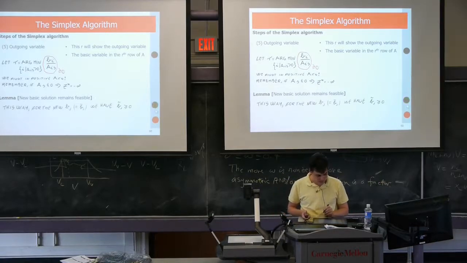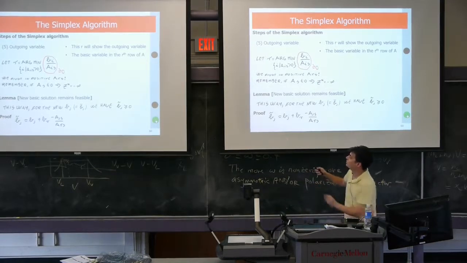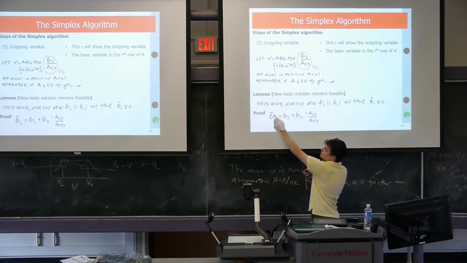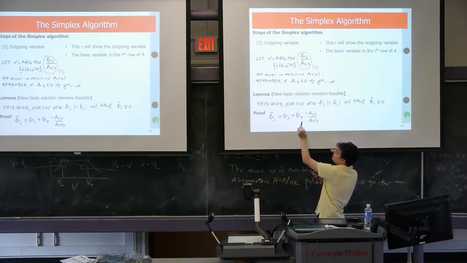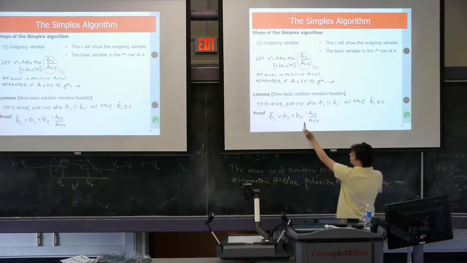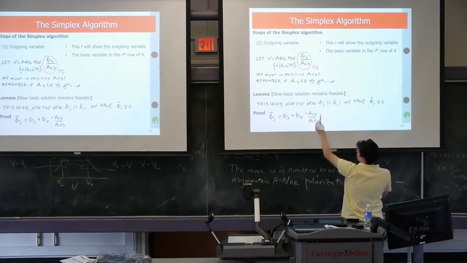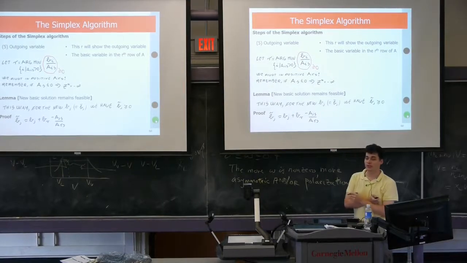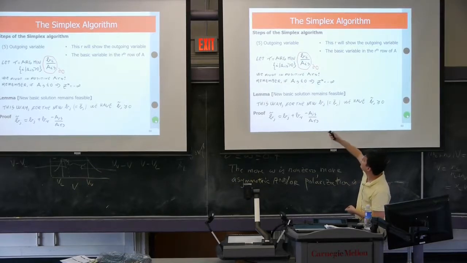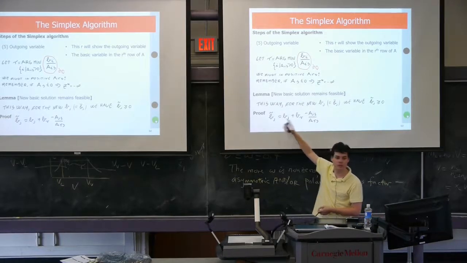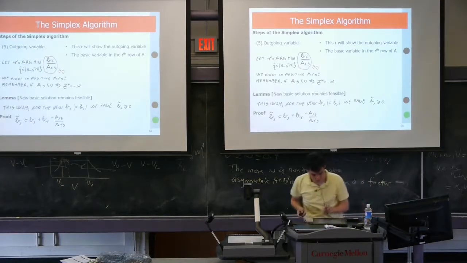Right, so it's very easy to see. After the pivot, the j-th value of B will be the old value of B plus this expression. R is defined by this, and you multiply this equation. This is just from the pivot. It's very easy to verify that that's the rule. Now you can see that if we choose R according to this rule, then this new B tilde will be non-negative.